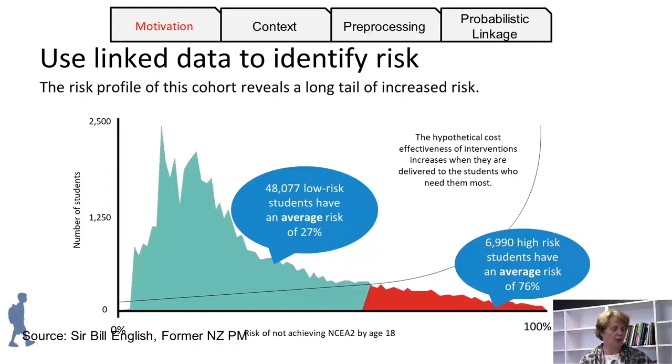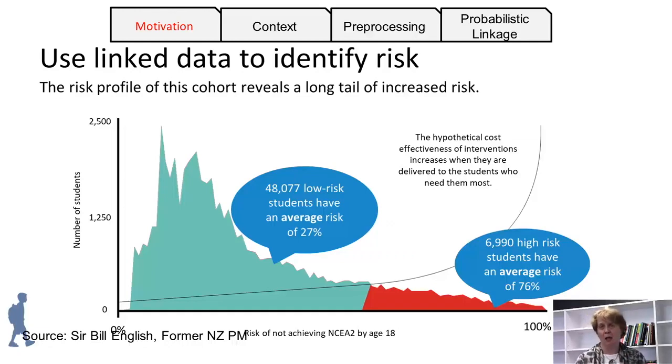And you can see that for one group of individuals, the group coloured in green, there's a relatively low chance of them not getting their qualifications. For the group in red, there's a very high chance of them not getting the qualifications.